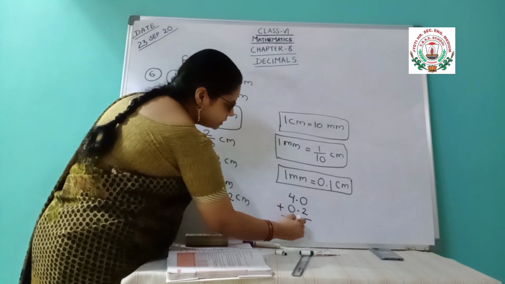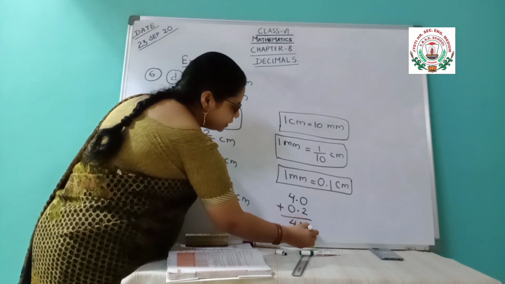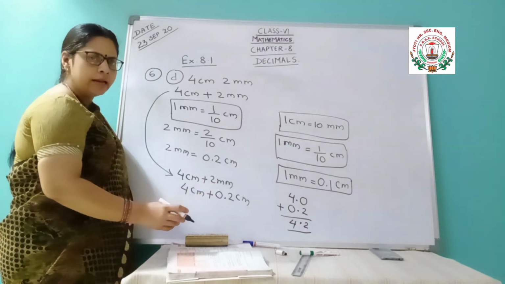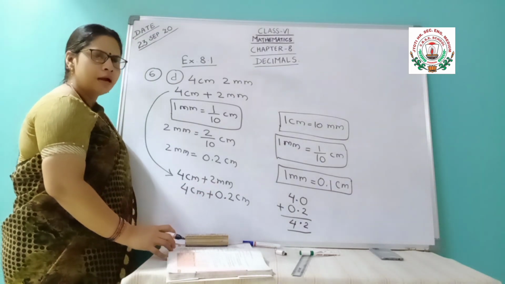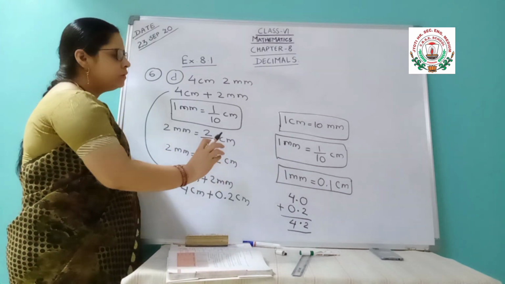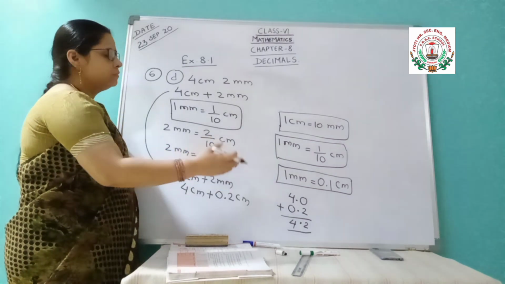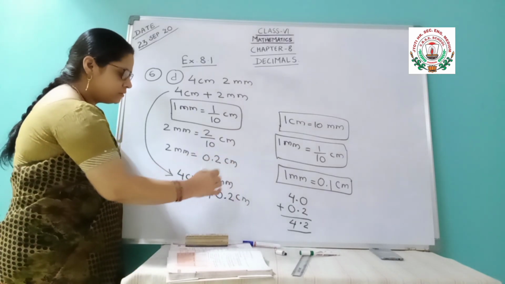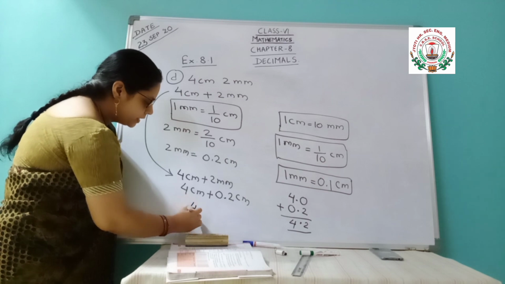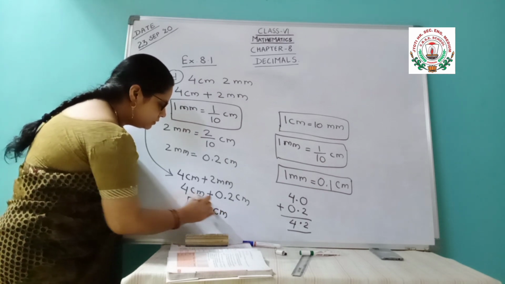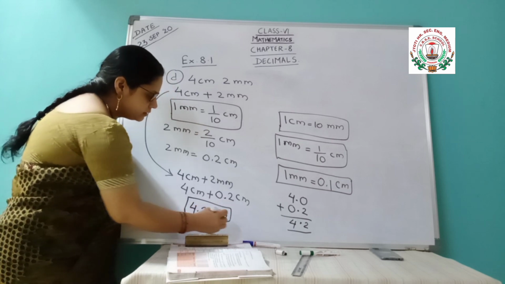Now go for addition. It is 4.2. Those who know, can directly do it. If you have any kind of doubt, just solve it in the rough part. Don't take any tension. 4.2 centimeter. So this is your final answer.